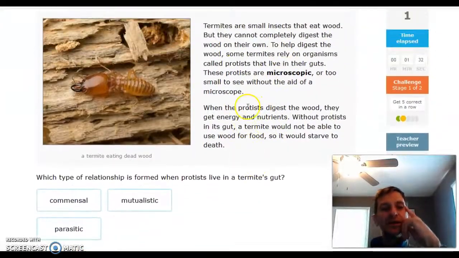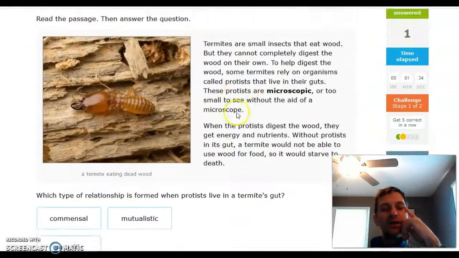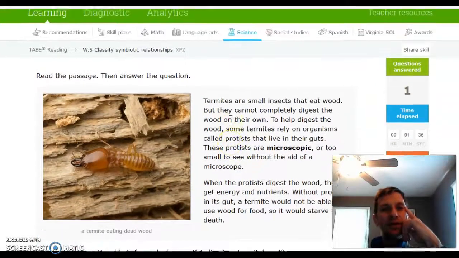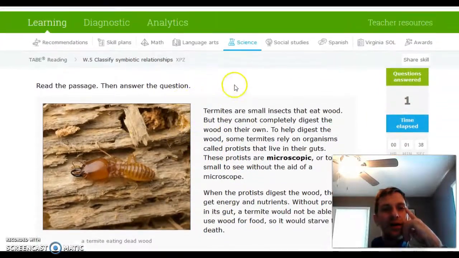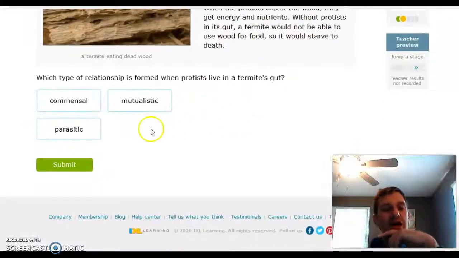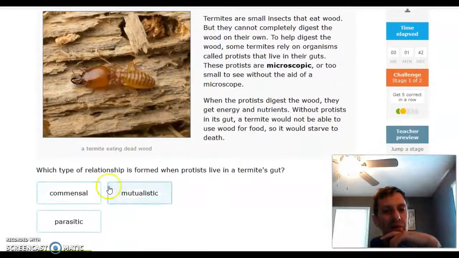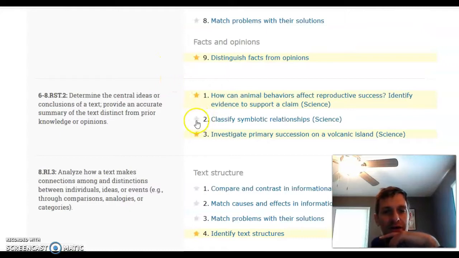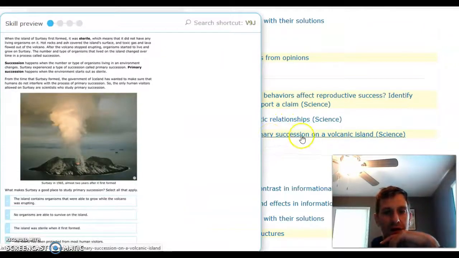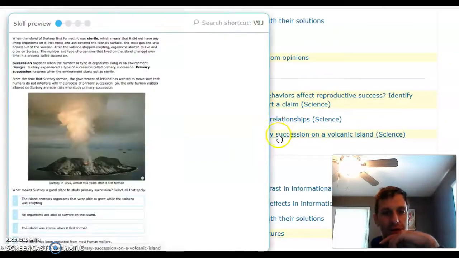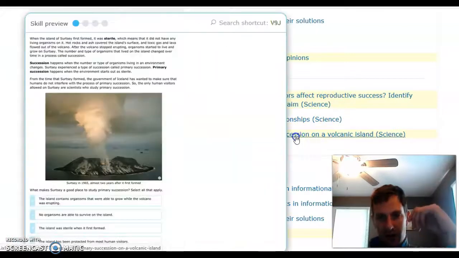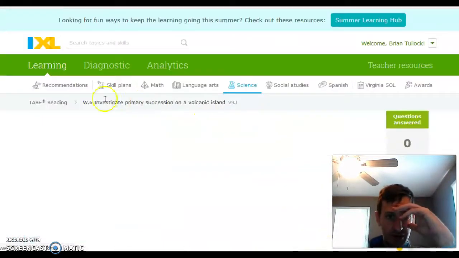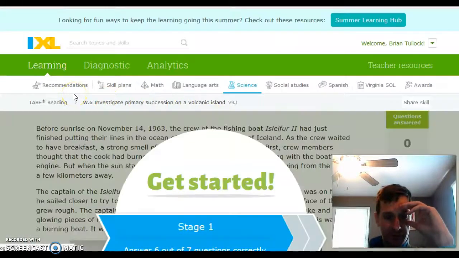It's parasitic. So we're going to have to come back to symbiotic relationships, because I'm guessing we need to review all three of these to understand these questions. For the time being, I'm not going to star that one, and we're going to move on to the next question, which, if you did some of these questions, should be no problem.